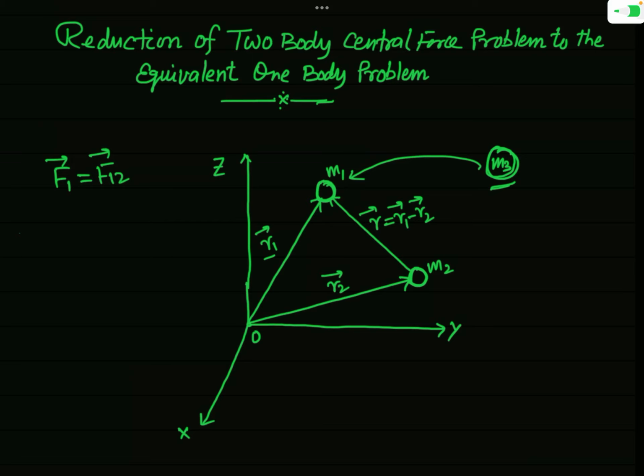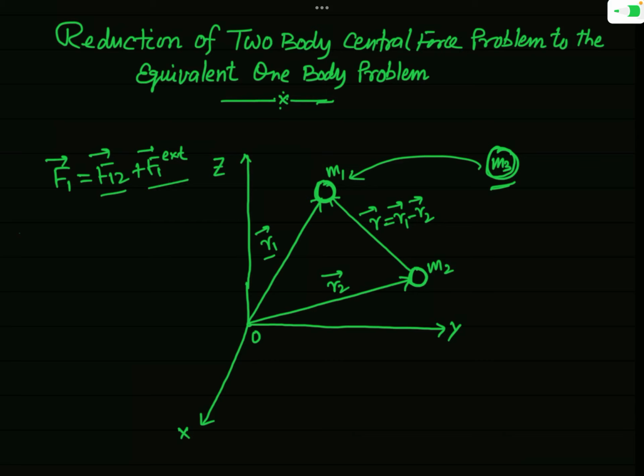This is the internal force. And plus this outside body, that is m3, may exert a force on m1. Let us say this force is F1 ext, ext for external. It means the total resultant force exerted on this body of mass m1 is equal to F12 plus F1 external.